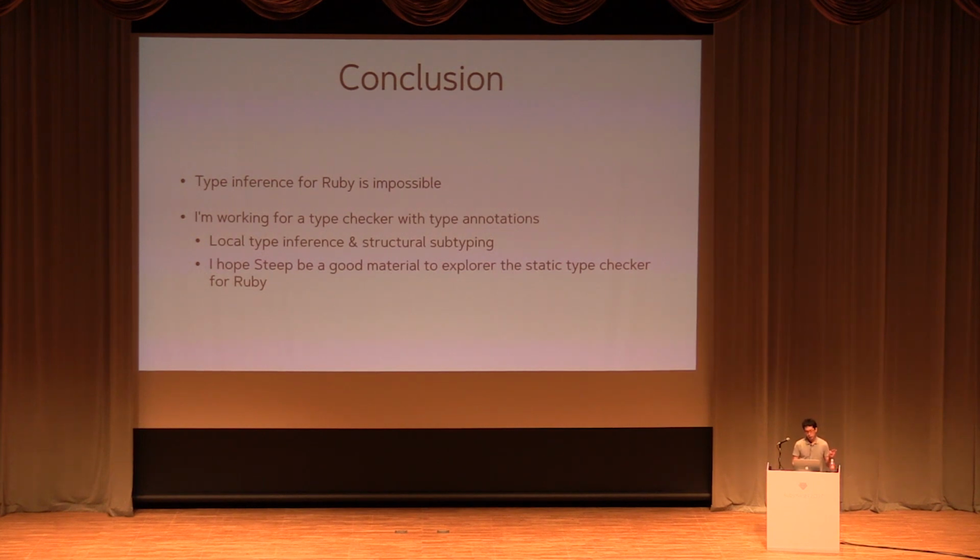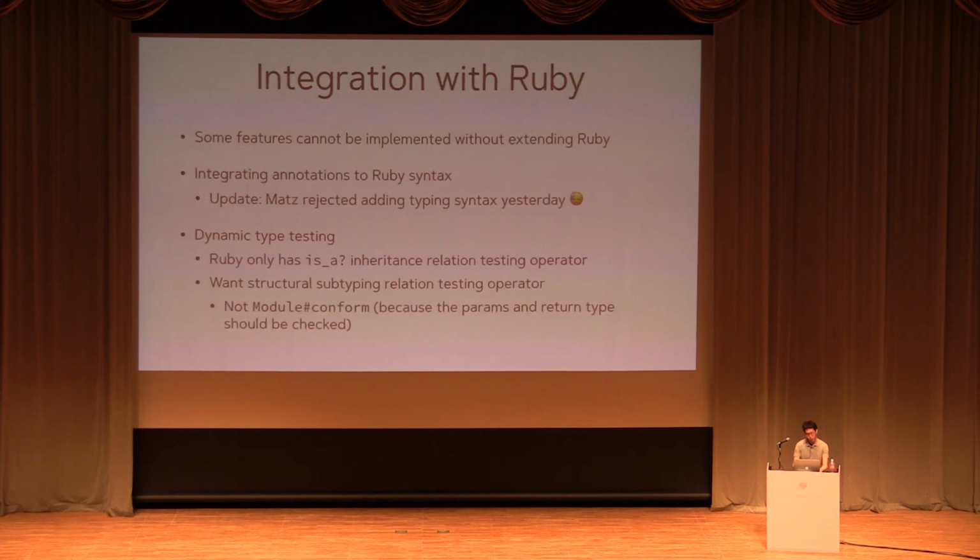Another is that we want some dynamic type testing operators. In Ruby we have is_a?, but it tests the inheritance relation. So we want some structural subtyping relation testing operator. For that, we need the cooperation of the Ruby interpreter and the Steve type system.